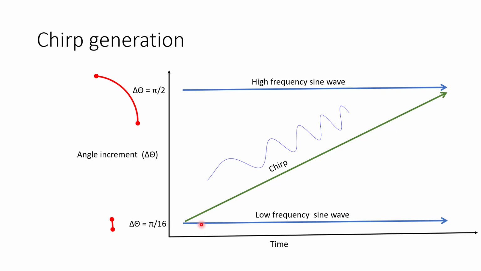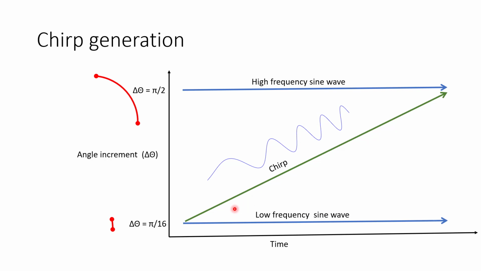At the low frequency, we add a small angle, and as we increase the frequency of the chirp, we add a larger and larger angle. And the nice result of this method is that not only do we increase the frequency, but we also are continuous in our waveform, that we don't have any jumps or discontinuities.